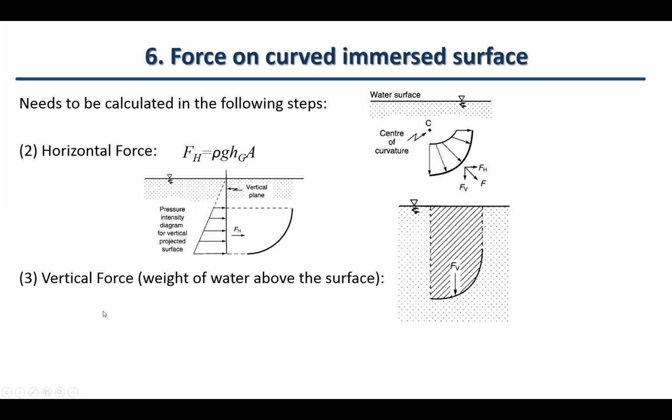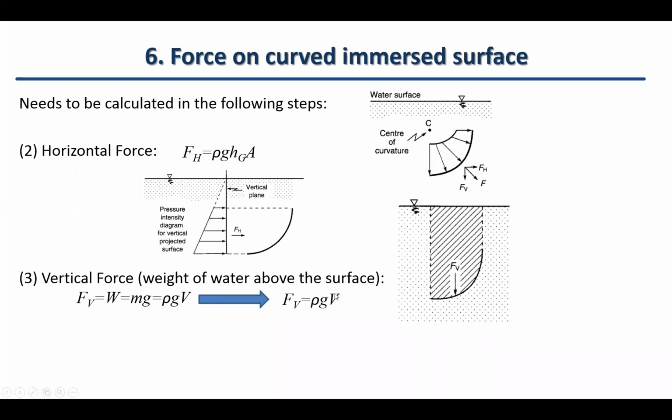In other words, the vertical force is equal to W, so all of the force applied here is equal to W. W is equal to mg, where m is the mass of the water in this hatched area. m is equal to rho V, and if we substitute here, we get rho g V. So FV is equal to rho g V.